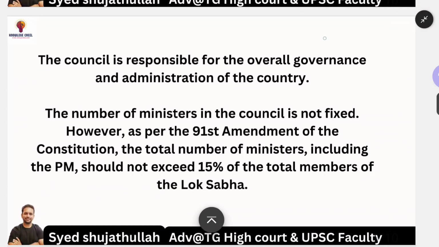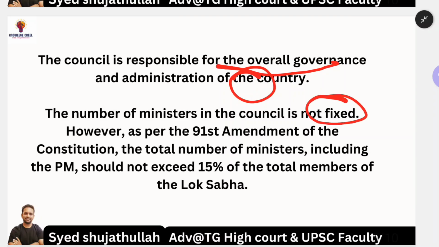Cabinet Minister or some other ministry. The Council of Ministers are completely responsible for the total overall governance of the country, and the number of ministers to be elected is not actually fixed in the constitution, but we have limited it to 15% of the total members of the Lok Sabha, including PM, by 91st Amendment Act.